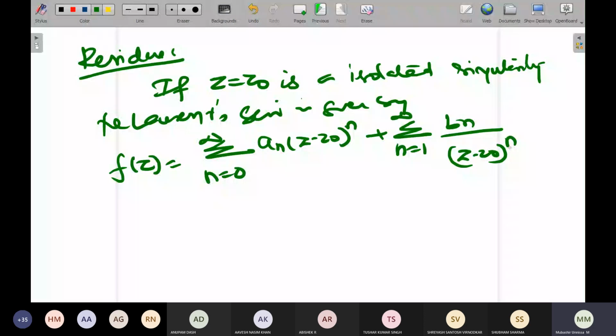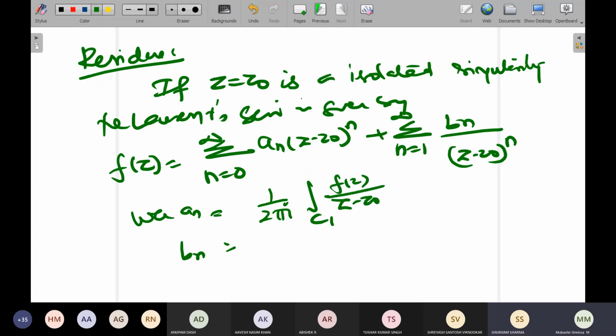Now in this expansion, what are your an and bn? Do you remember I gave an and bn already? What was the an value? Can anyone tell me? an is 1 by 2 pi i integral over C1 of f of z divided by (z minus z naught) whole power n plus 1 into dz.